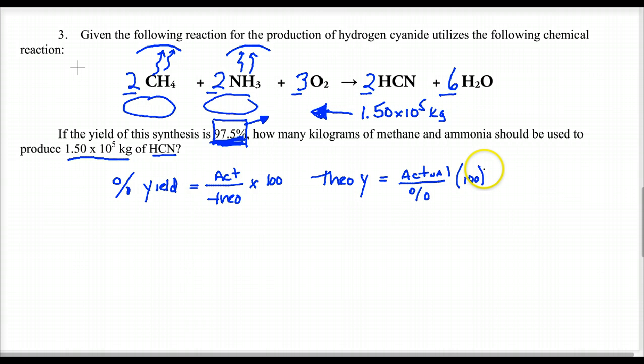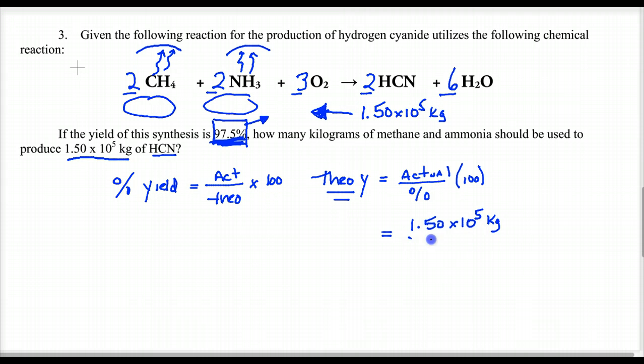So my theoretical yield is what I'm trying to solve for. I have the actual, which is 1.5 times 10 to the 5 kilograms.